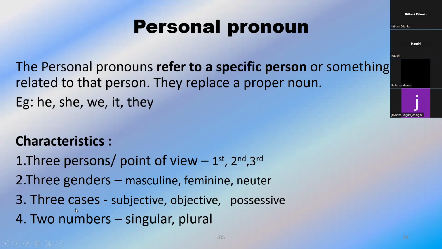Personal pronouns can appear under the subjective case, objective, or possessive case. In a sentence, they can appear in the subjective position, or else in the objective or possessive. And they can be related to numbers, reflecting singular or plural. Now, you try to apply these characteristics to these pronouns. Definitely, all of these should fit into this.